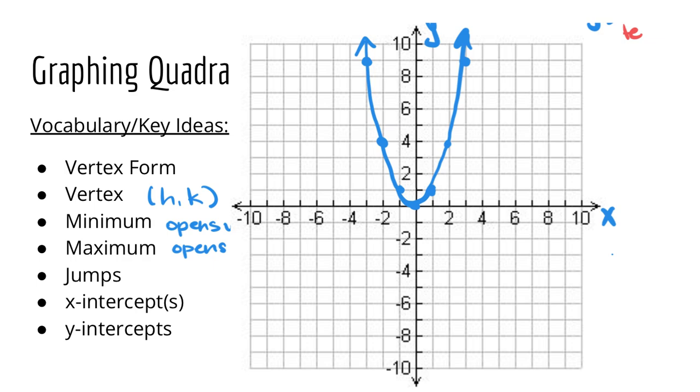If we look at our graph, we go up 1 before we go left or right. Then from this point, we go up 3 till we hit the next point, and we do that in both directions. And finally, we go up 5 before we go to the next point. You can label that on your graph: 5, 3, and 1.